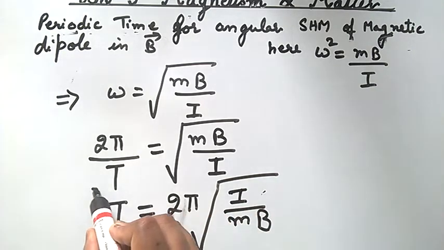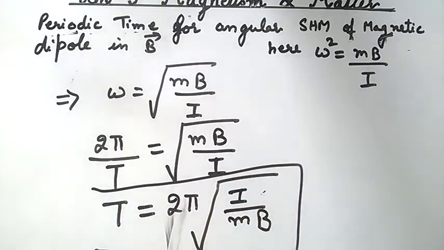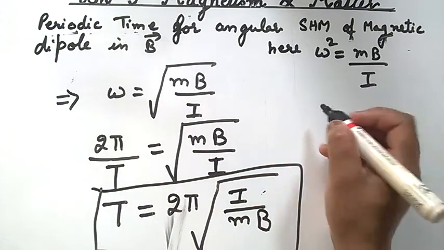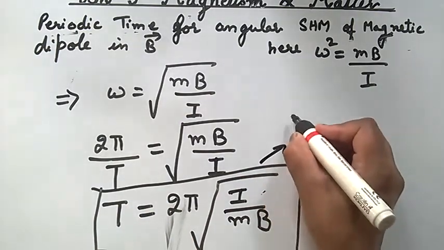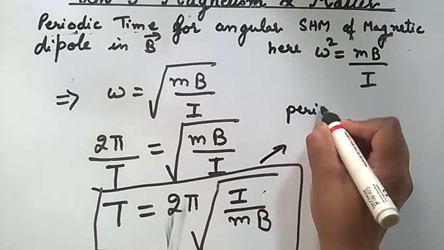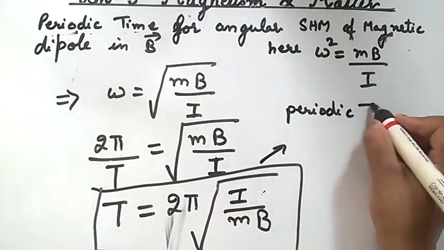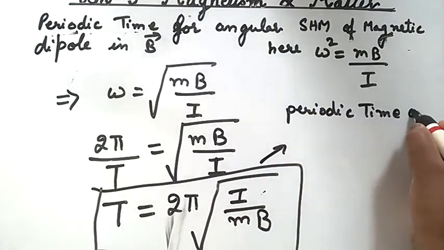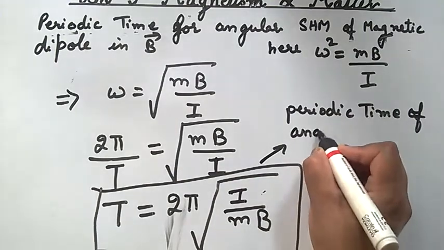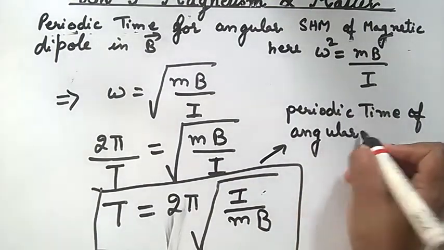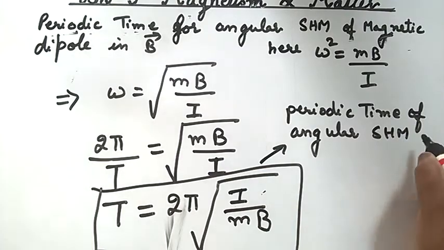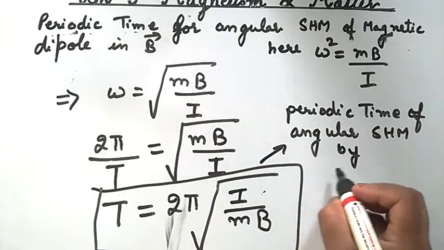So this is the value of the periodic time of angular SHM by a magnetic dipole.